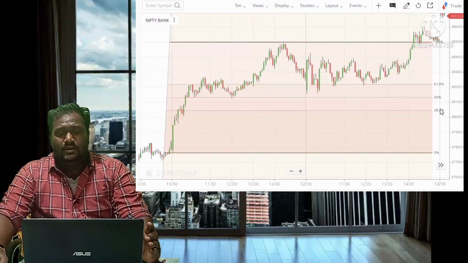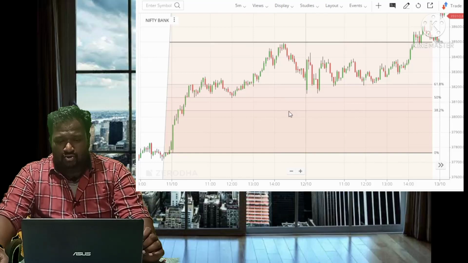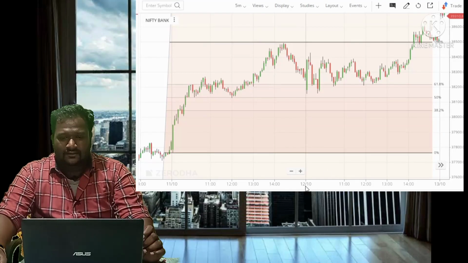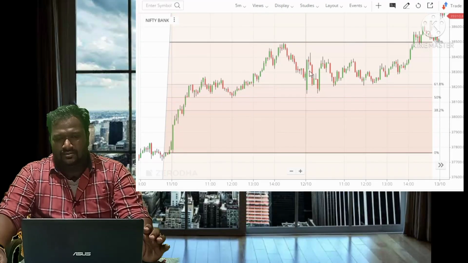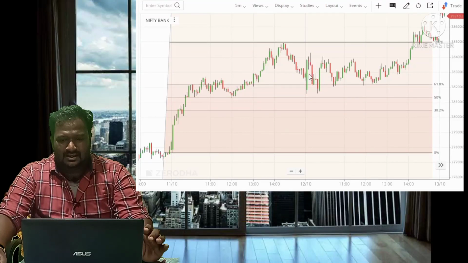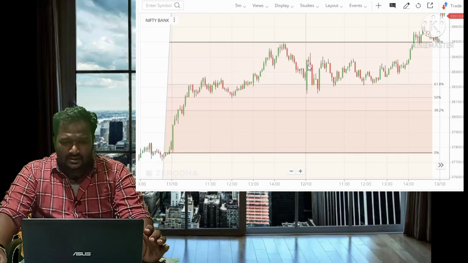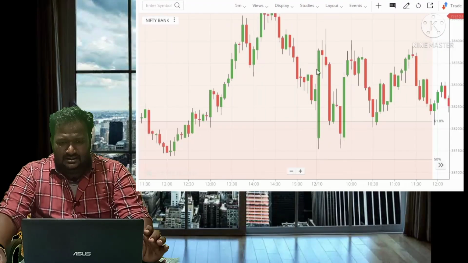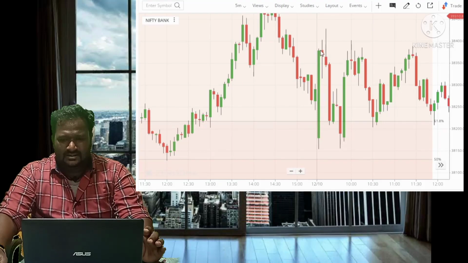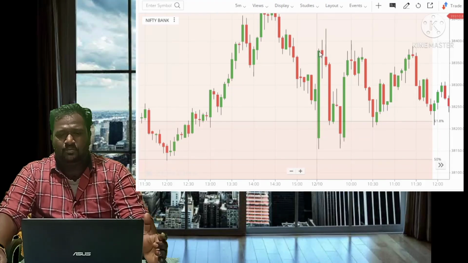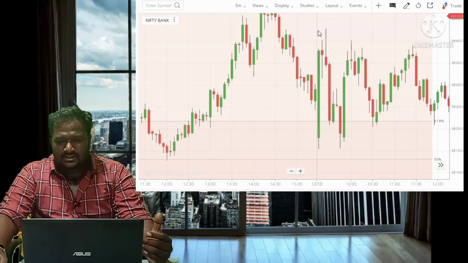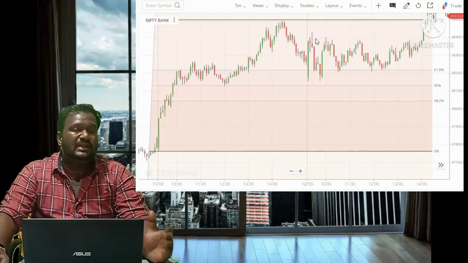If the current day, that is 12th October, first candle close value, you can see this green candle is the first candle, and this is the close value. You have to check whether this close value lies above the 61.8 or below the 38.2 of the previous day.